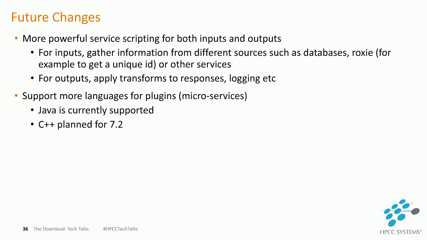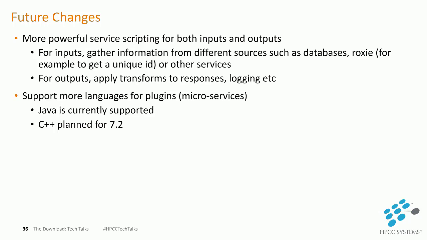And future changes in 7.2 or 8.0. One is we're going to have more powerful service scripting, not just for inputs, for requests, but also for outputs. And for inputs, it'll do much more than we currently do.